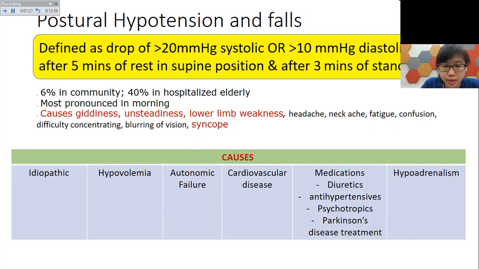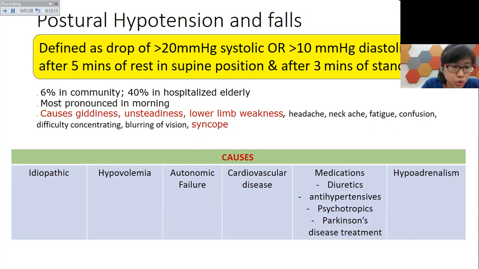And lastly, the most significant symptom that they can have is a syncope. So what are the causes of postural hypertension? We usually divide them into neurogenic causes and non-neurogenic causes.